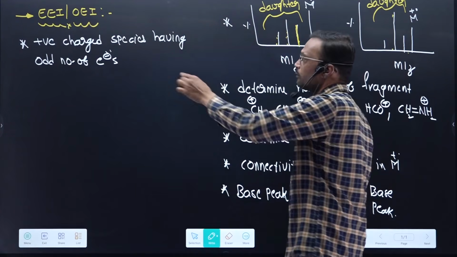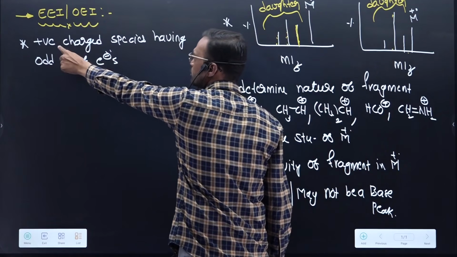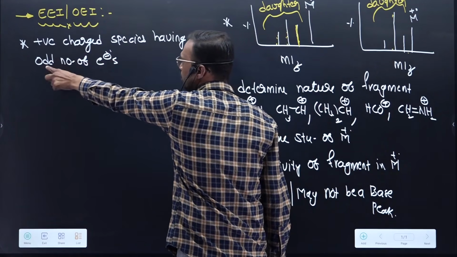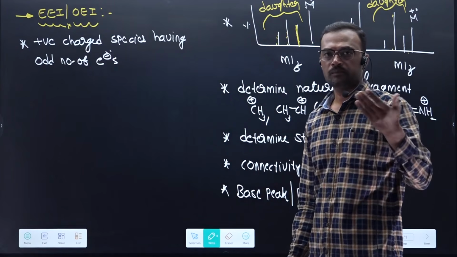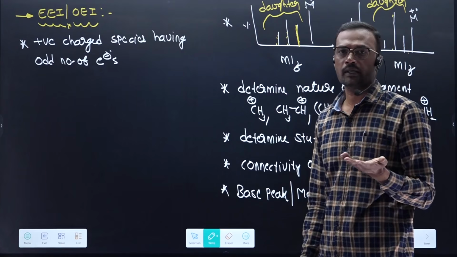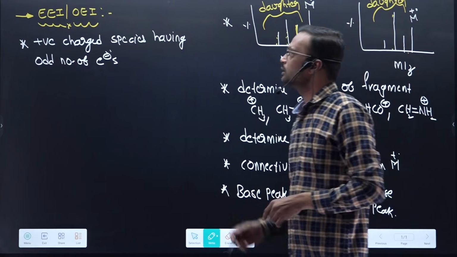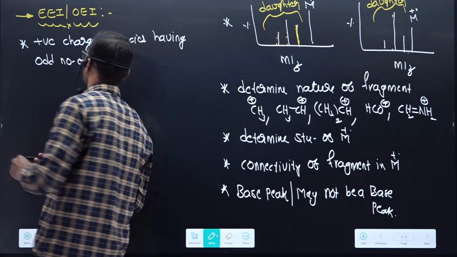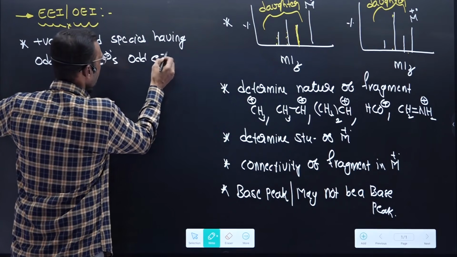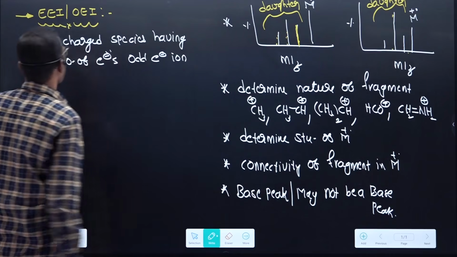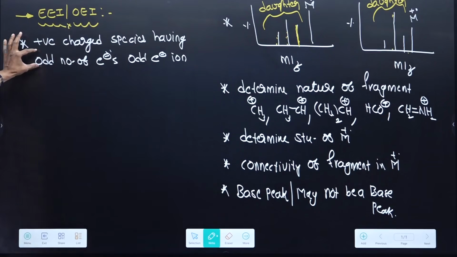If any molecule or fragment has a positive charge and carries an odd number of electrons, such as 5, 7, 9, or 13 electrons, that is nothing but an odd electron ion. A positively charged species having an odd number of electrons is called an odd electron ion.